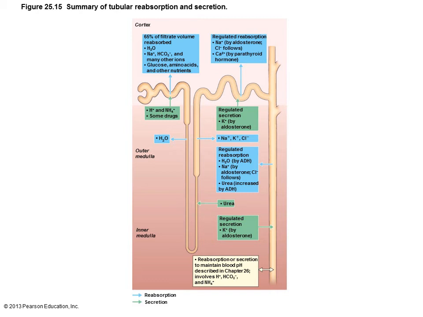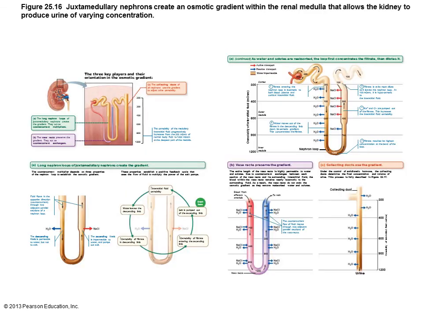When you secrete potassium out, you need aldosterone to be there, as we already talked about earlier. So secretion and reabsorption are complete up to this level, which is the collecting duct.